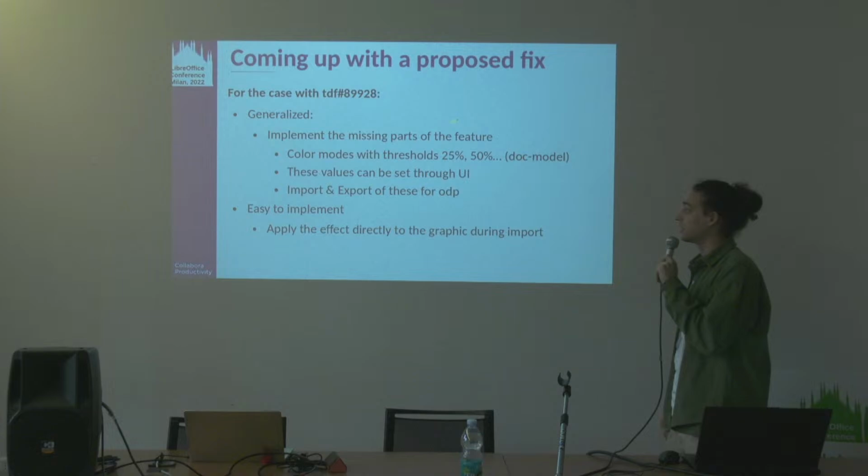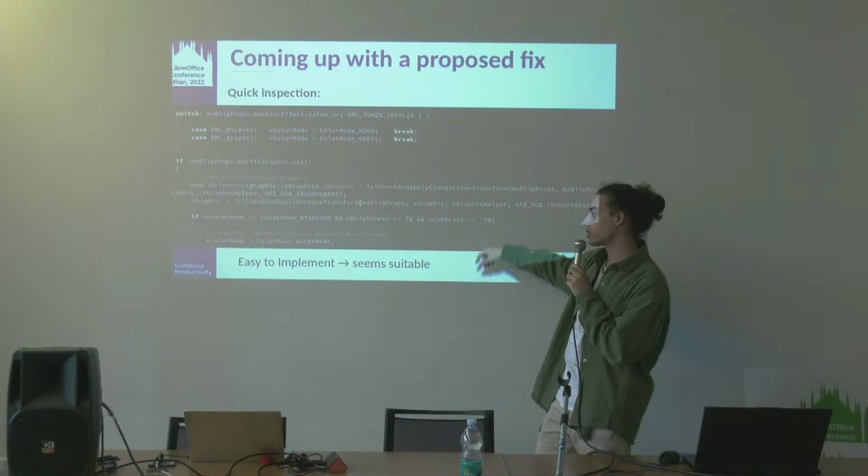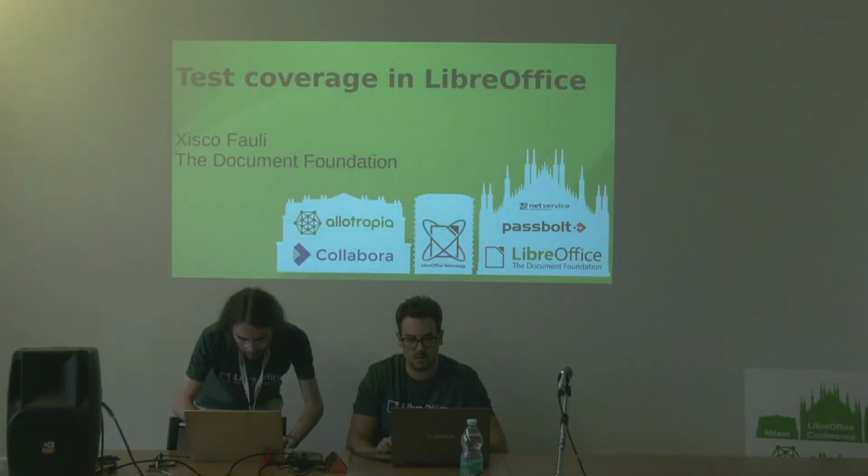So I actually went with the easy-to-implement way here, because what I realized going through some code around there was this was already being done for duotone transforms and some change color transform effects. These effects were actually getting baked.